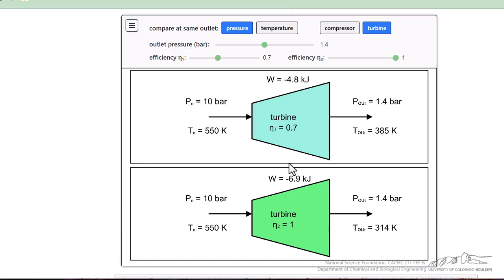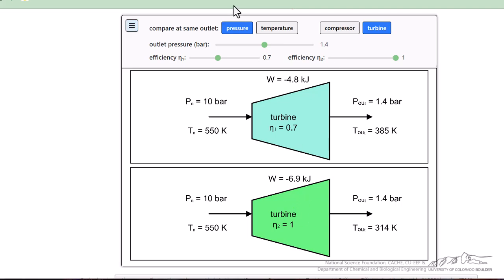So we get a lot more work out of the reversible, and as a result, the outlet temperature is lower, since in the energy balance, the work is equal to the heat capacity, number of moles per time, or the number of moles in this case, and the temperature difference. So we get more work out with lower final temperature.